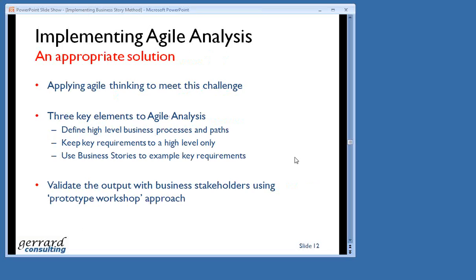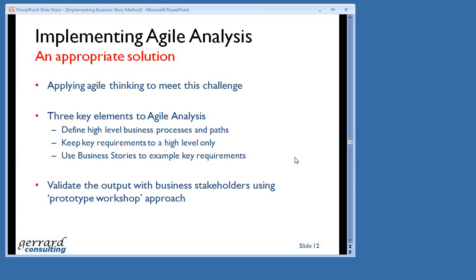But there is actually an appropriate solution that you can try for this, and that's the Agile analysis. That's where that comes in. So it's really more of applying Agile thinking, a state of mind to meet this challenge, rather than a purist approach to applying Agile. And I think there are three key elements to Agile analysis.